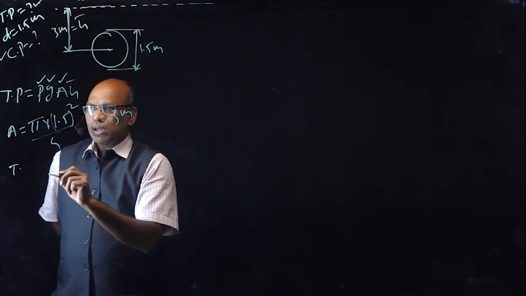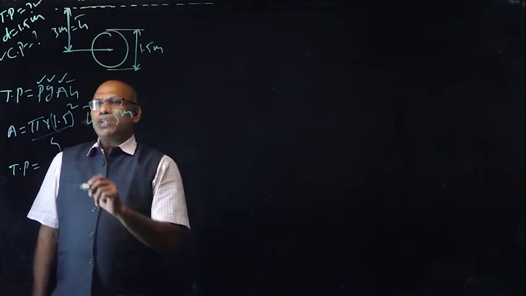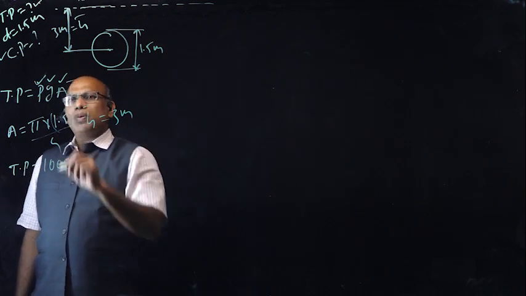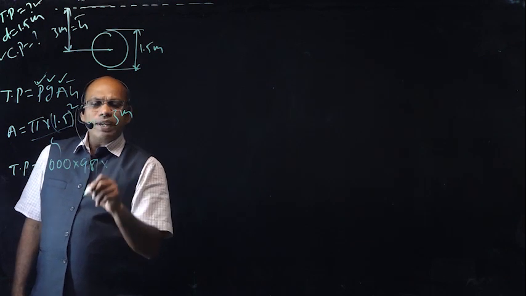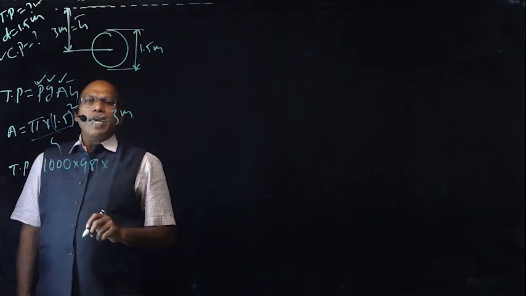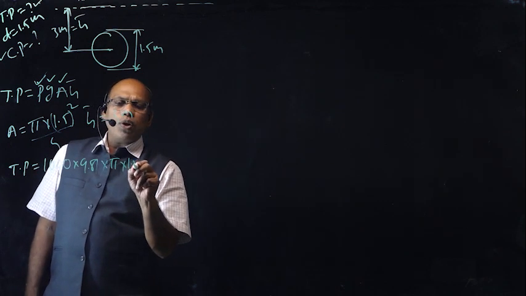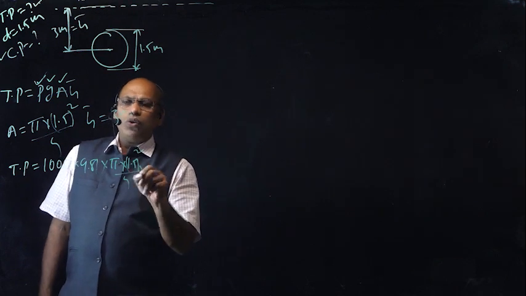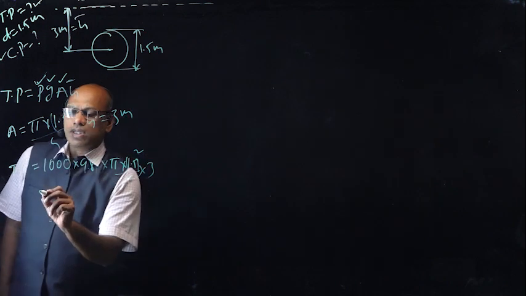Therefore total pressure is equal to rho value 1000 kg per meter cube into G value 9.81 into area, that is pi into 1.5 square divided by 4, into H bar, which is 3 meters.